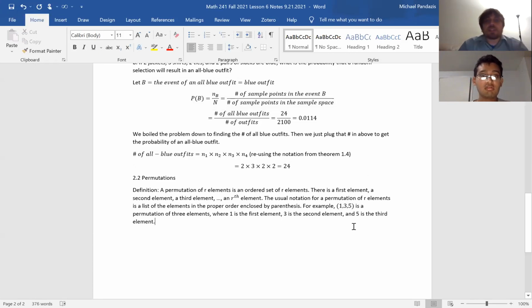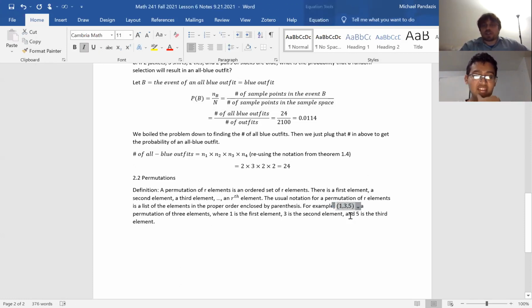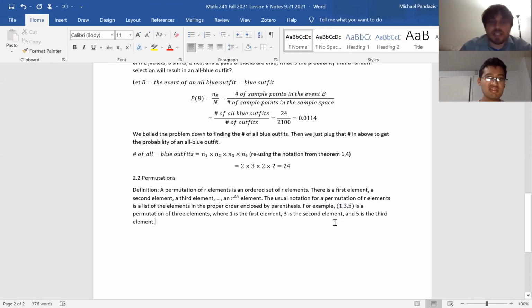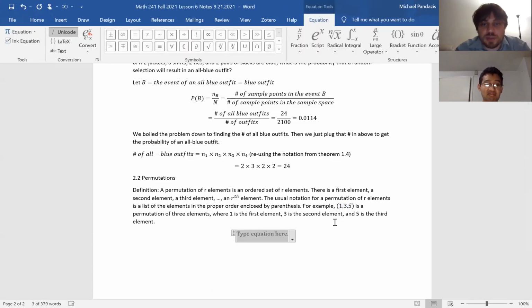Okay, but now, having an ordered triple, you include the order, and so this specific object includes the fact that we're assigning these things in order. This ordered triple says that 1 is the first thing, 3 is the second thing, and 5 is the third thing. And so if you change the order of the things in the ordered triple, you are no longer talking about the same ordered triple.